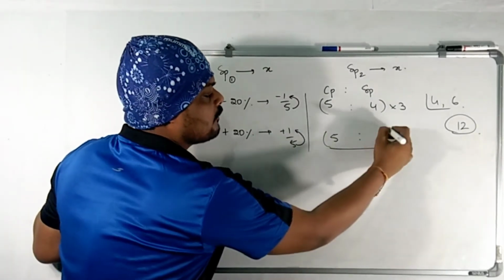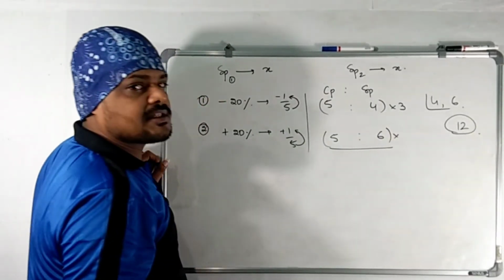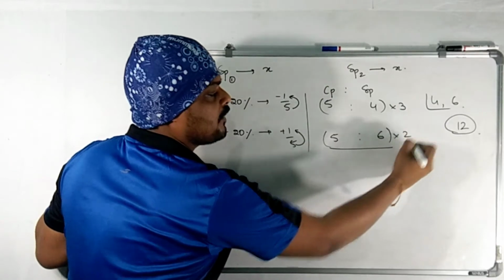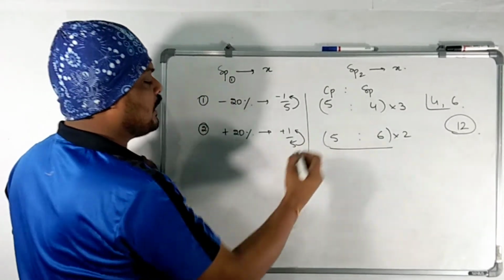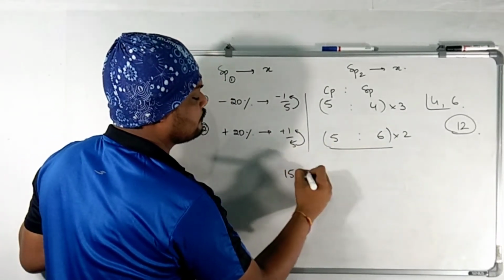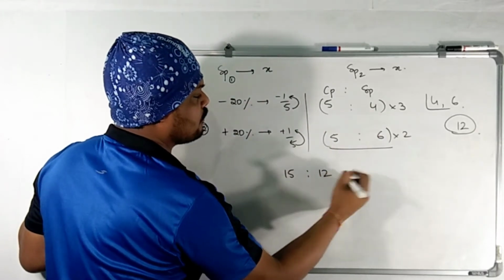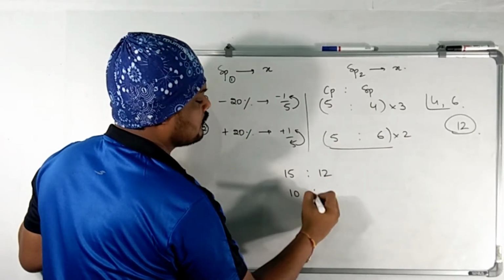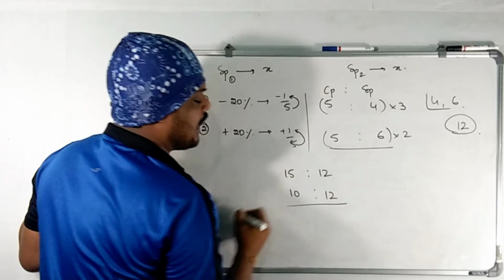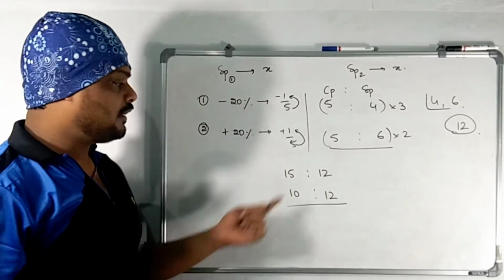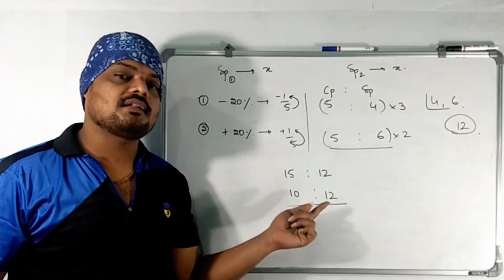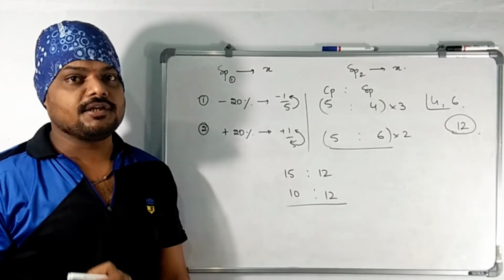For converting 6 into 12, I have to multiply it by 2. So let us multiply: 5 into 3 is 15, 4 into 3 is 12, 5 into 2 is 10, 6 into 2 is 12. I got the selling prices as equal, and these are the exact ratios which I need here.